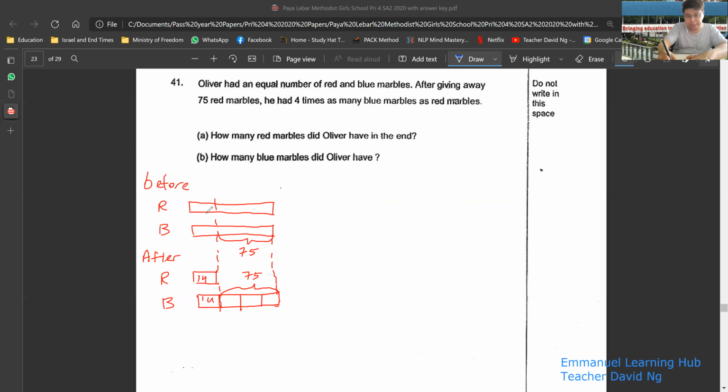Because the blue is untouched, no change. So here is 4 units, and here is 4 units. So 3 units is 75. 4 units is this whole thing. So 3 units is 75.